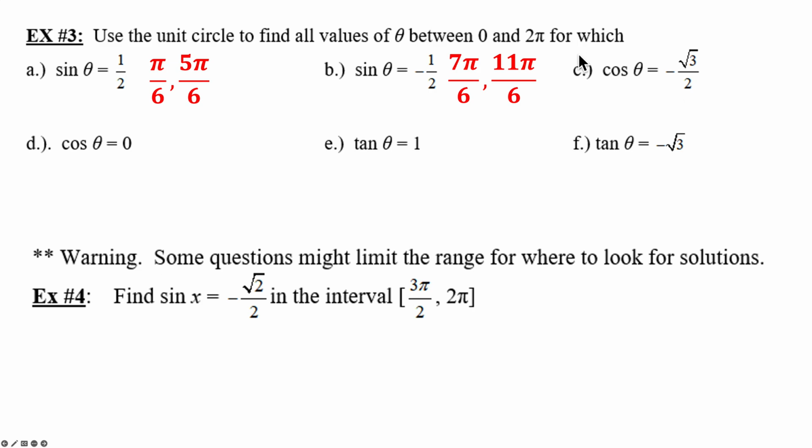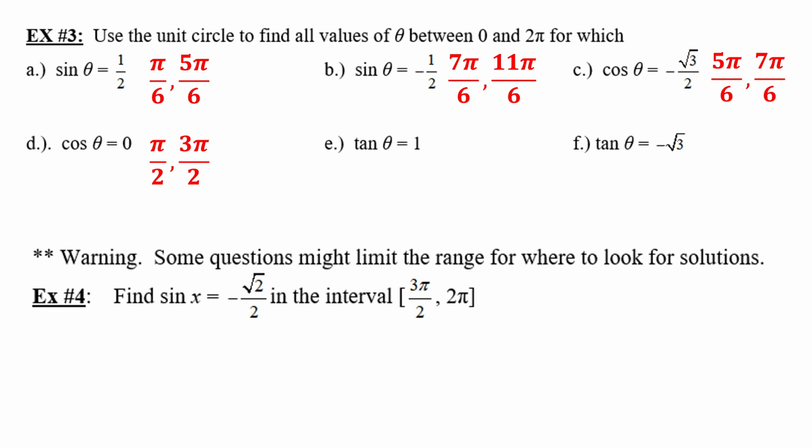Cosine is negative in quadrant 3 and quadrant 2. Let's see, where we have cosine theta with a square root of 3 over 2. That's going to be at 5 pi over 6 and 7 pi over 6. Cosine is 0. Okay, that's pi over 2 and 3 pi over 2. That's your x-coordinate, that's 0, so that's at the top of the circle and the bottom. Tangent is positive. We're in quadrant 1 and 3.